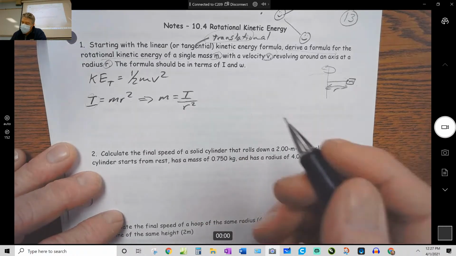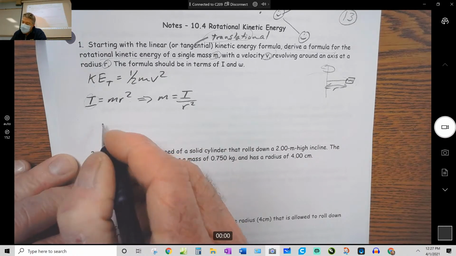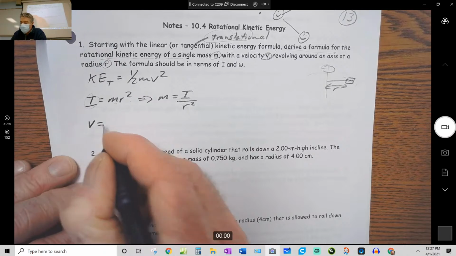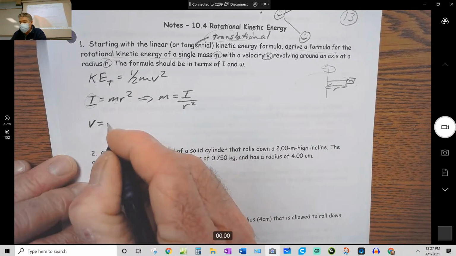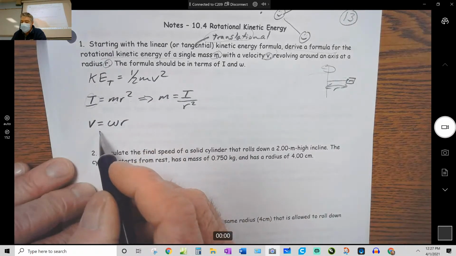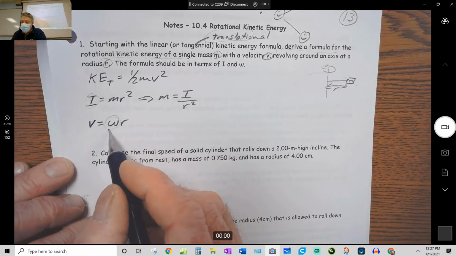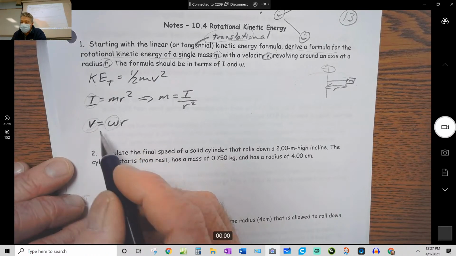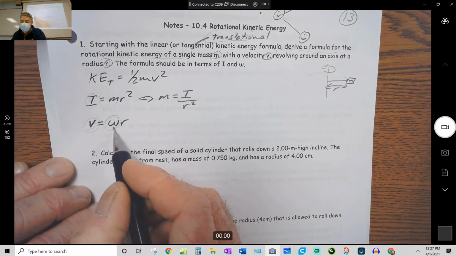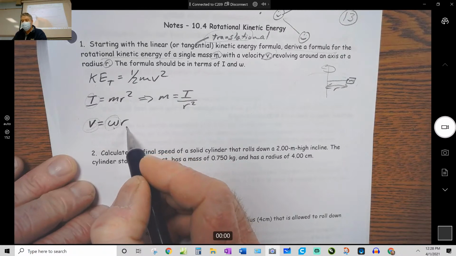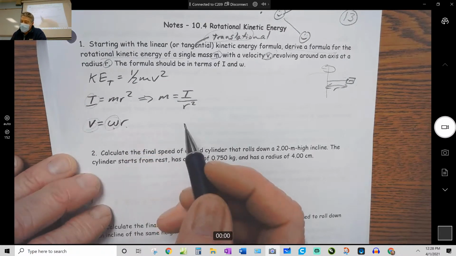And there's one other thing I want to roll into this, which is the relationship of linear velocity to angular velocity. If you want to convert radians per second to meters per second, the conversion is radians per second times the number of meters per radian equals velocity.